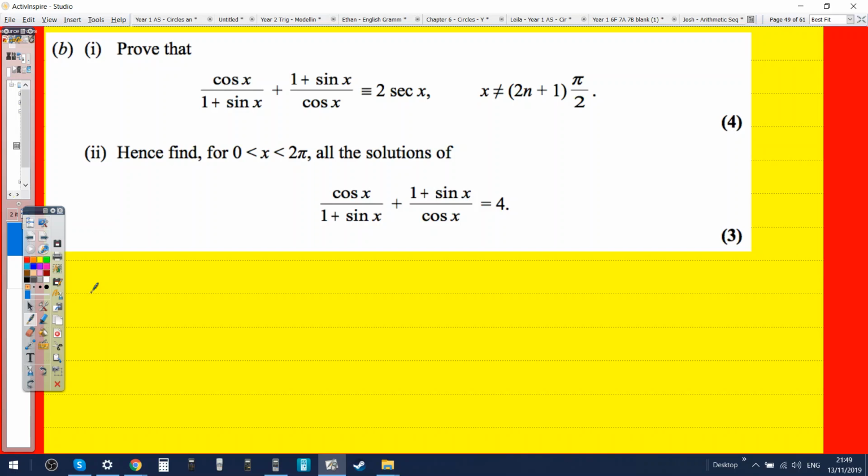So what is the common denominator? So this one has to be times that denominator. This one has to be times the other denominator. So what is the first fraction?